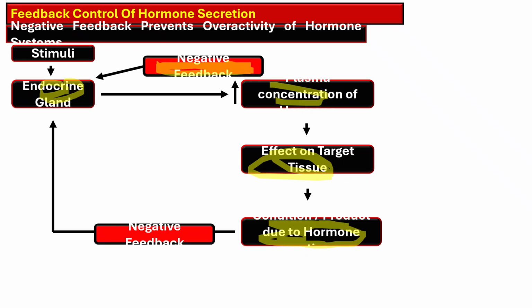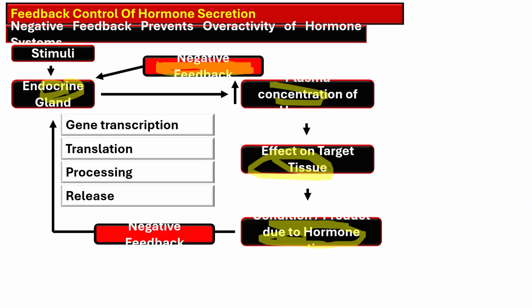This negative feedback can be due to any of the regulatory processes at the level of gene transcription, gene translation, processing of the hormone, release of the hormone, or receptor activity for this hormone.